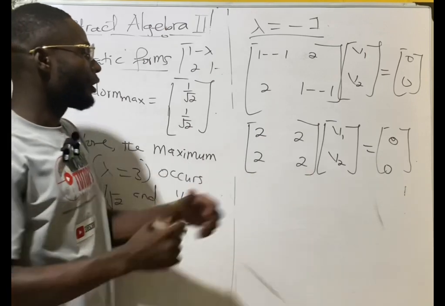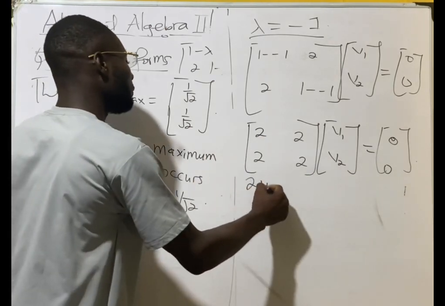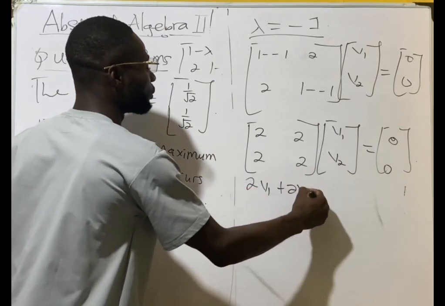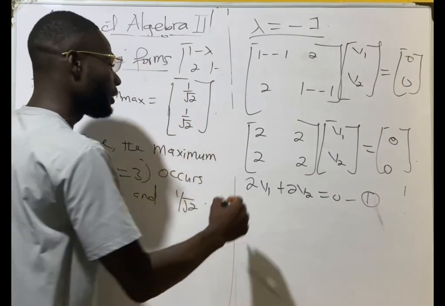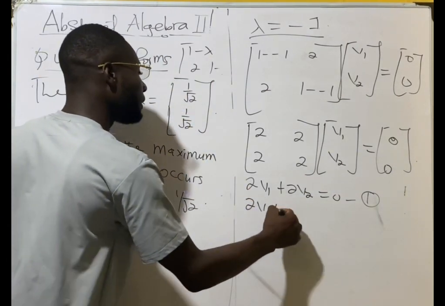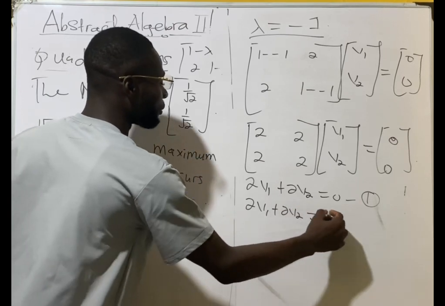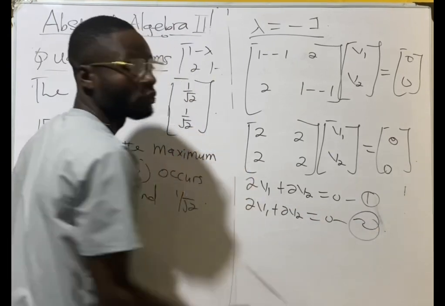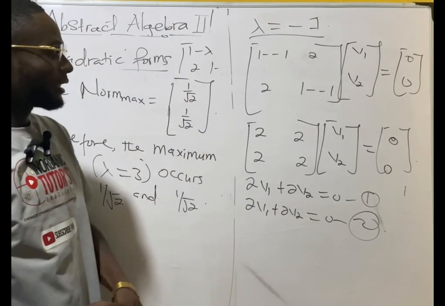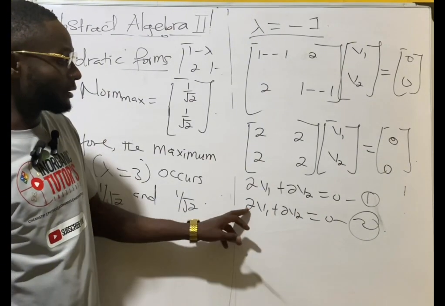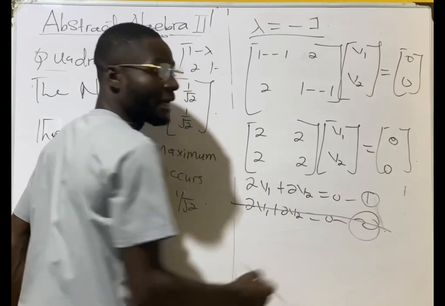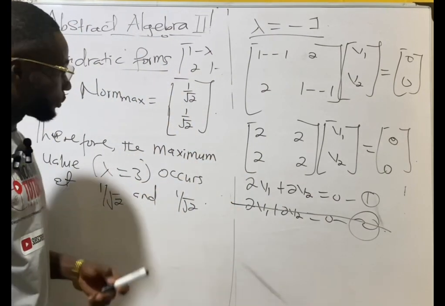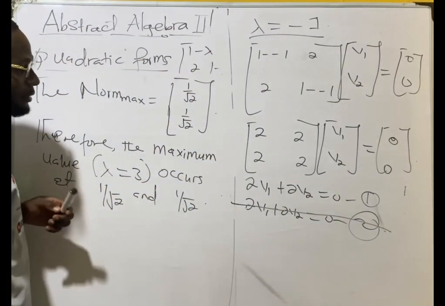So here we also see that 2V1 plus 2V2 is equal to what? 0, equation 1. And 2V1 plus 2V2 is equal to what? 0, equation 2, right? So clearly from here as well, we can see that this equation is equal to this equation. So we cancel one and use only one.